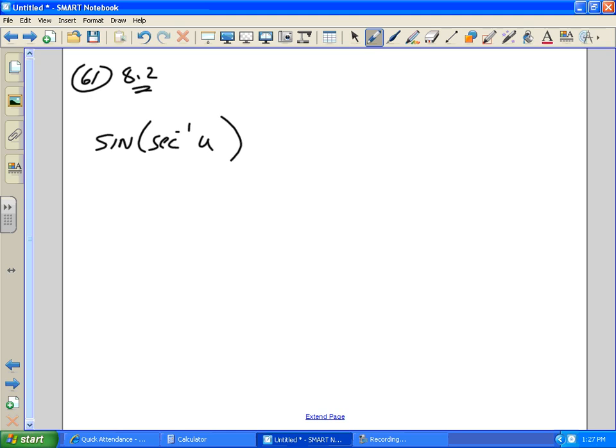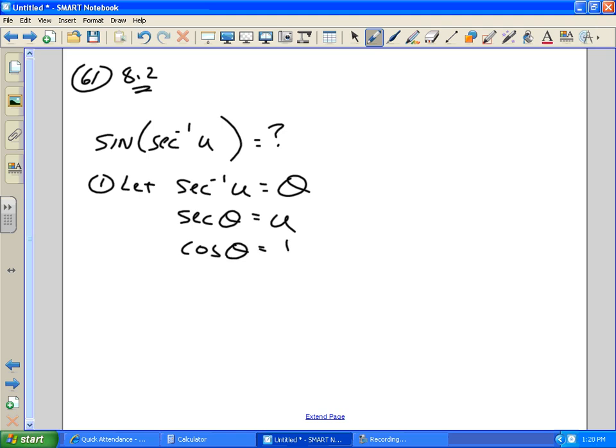Well, I don't really like the secant much, but let the inverse secant of u equal theta. Therefore, the secant of theta is equal to u. Therefore, the cosine of theta is equal to 1 over u. And now I can go to my triangles.